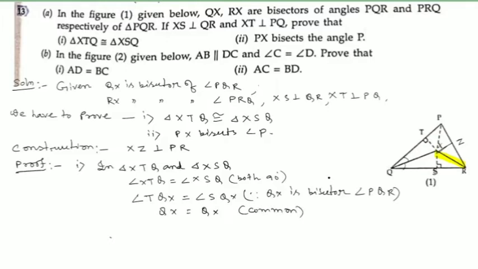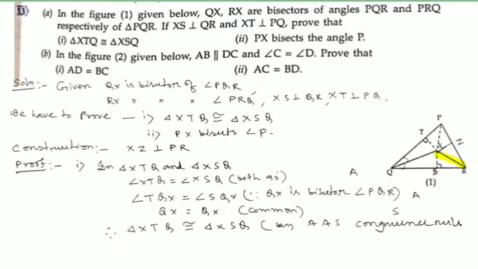So here you can see which criteria we can put: angle equal to angle, angle equal to angle, and side equal to side. Therefore triangle XTQ is congruent to triangle XSQ by which law? By AAS congruence rule. Okay, so number 1 is proved.